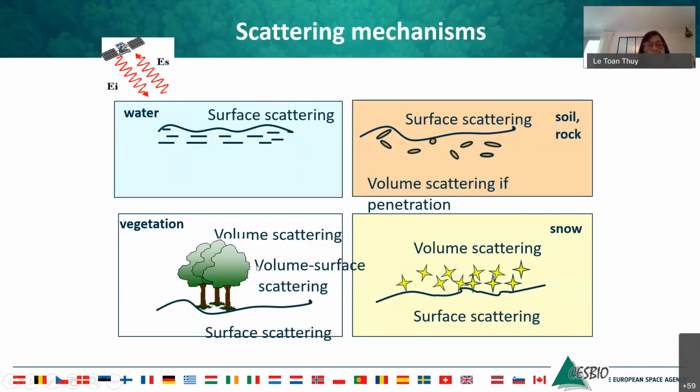For vegetation, you have volume scattering, surface scattering, but also all kinds of volume-surface scattering. It's quite complicated. And for snow, you have volume scattering, penetration, and surface scattering, and it can even penetrate inside the soil for volume scattering.